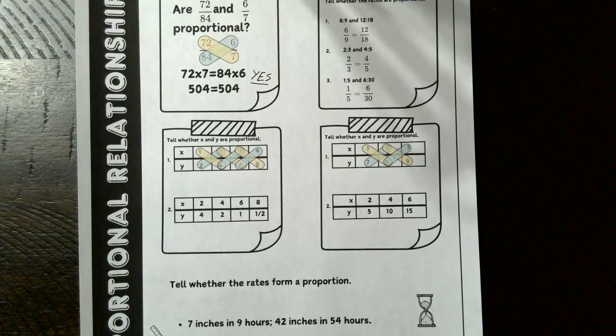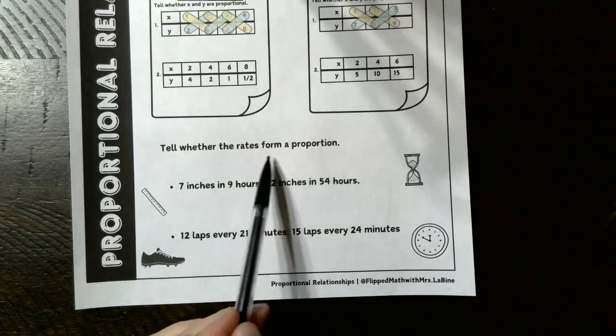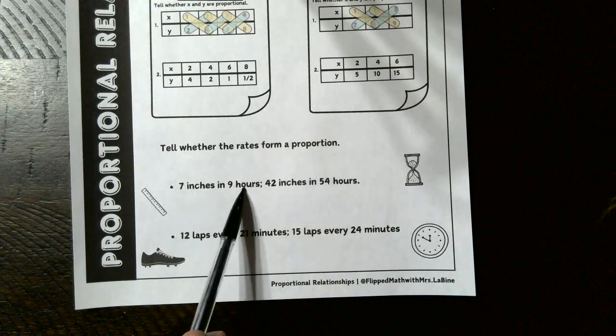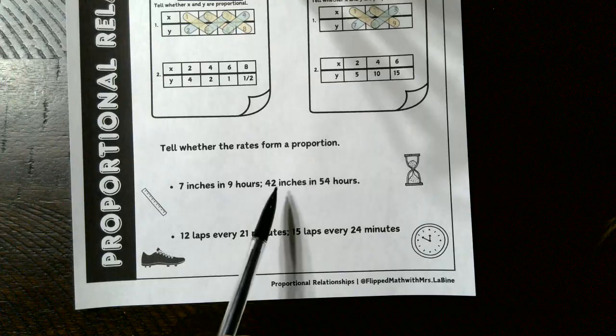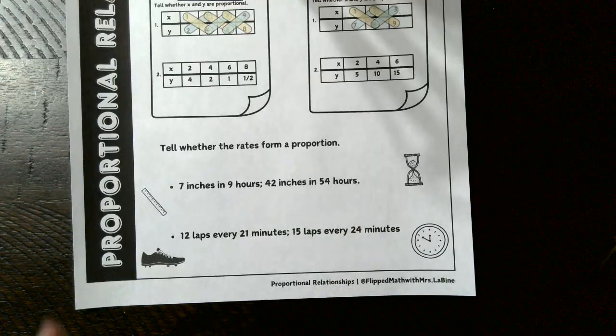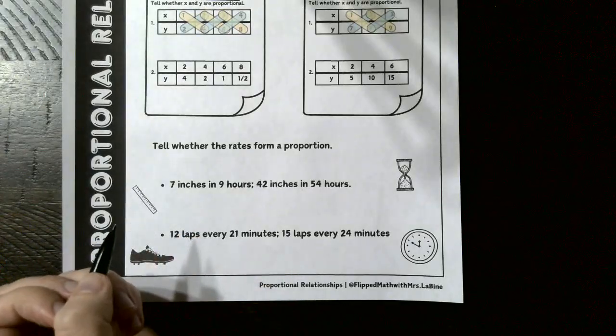So I have 2 more problems for you at the bottom of this page. You're going to tell whether the rates form a proportion. So if I have 7 inches in 9 hours and 42 inches in 54 hours. So how would I know if this is proportional? Well, I'll show you how to write this one first.